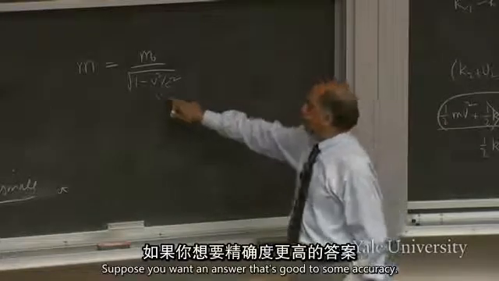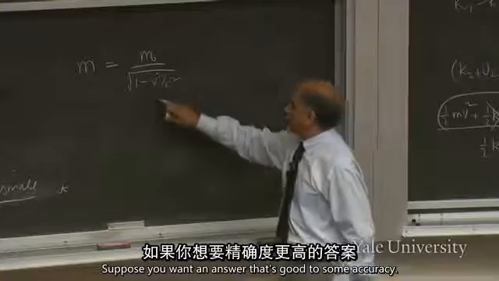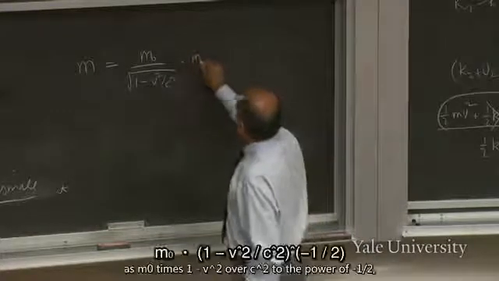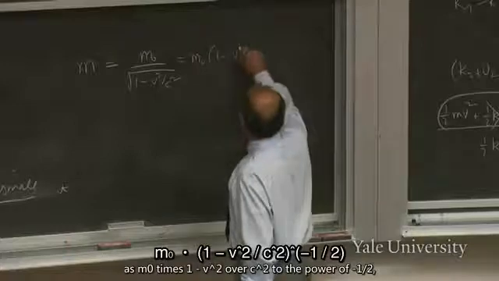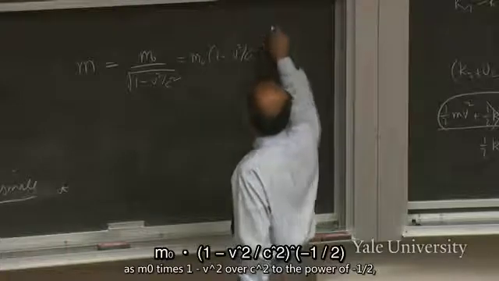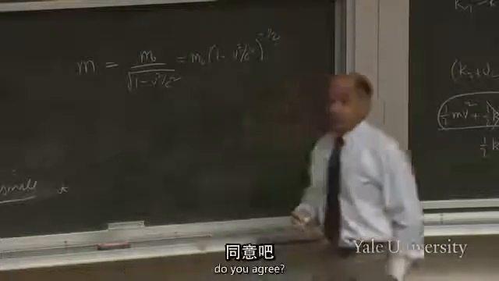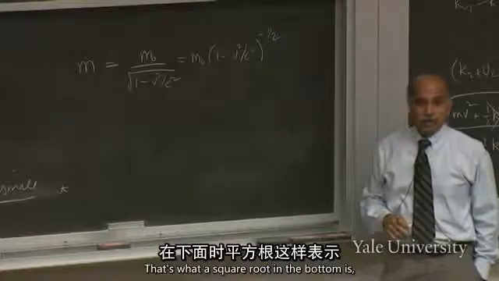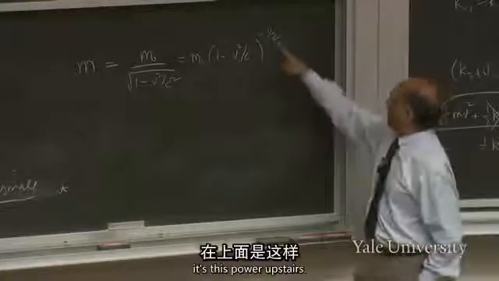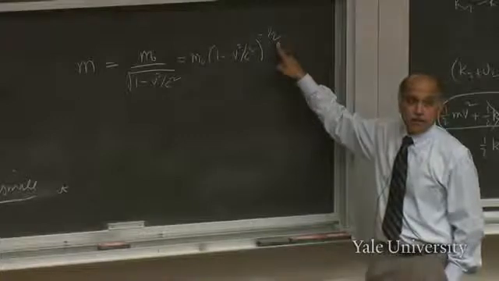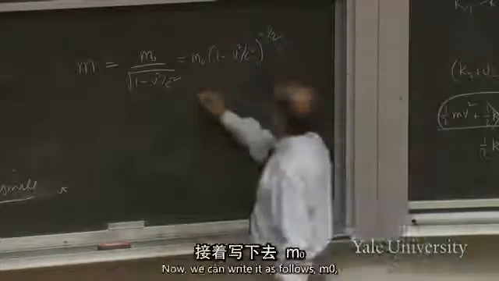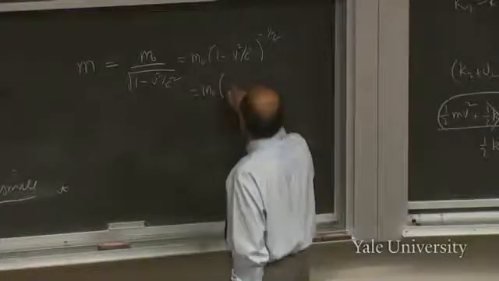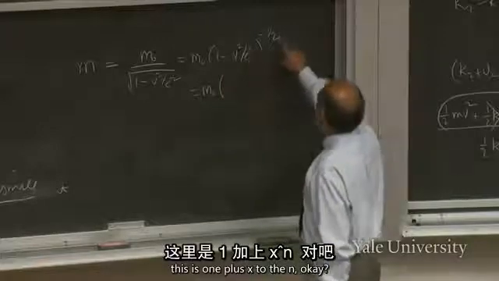Suppose you want an answer that's good to some accuracy. I will write this as follows. It's m0 times 1 minus v squared over c squared to the power minus 1/2. You agree? That's what a square root in the bottom is. It's this power upstairs. Now we can write it as follows. m0 times 1 plus x to the n.